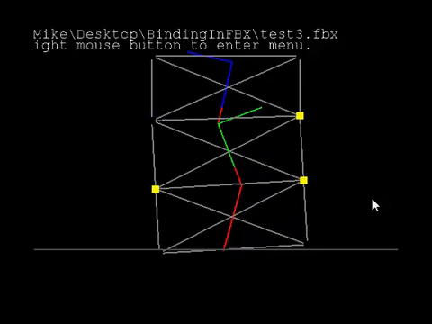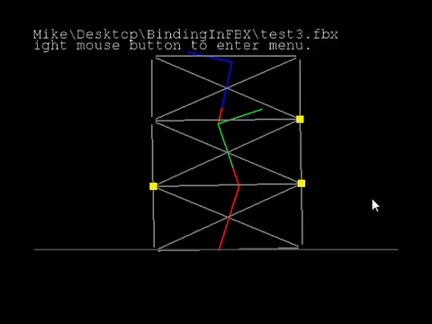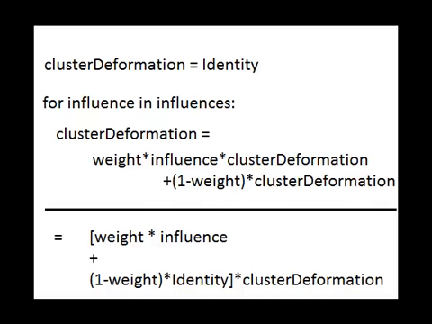The last thing I'll discuss is how we add deformations together. How clusters are added together just uses some simple matrix algebra. Each cluster will produce a matrix describing its influence, or its contribution to the deformation. Here's some pseudocode which roughly reflects the code in the viewscene.cxx example code. The idea is that if the weight were, say, 0.25, we would use 25% of the new deformation appended to the old, and 75% of just the old deformation.